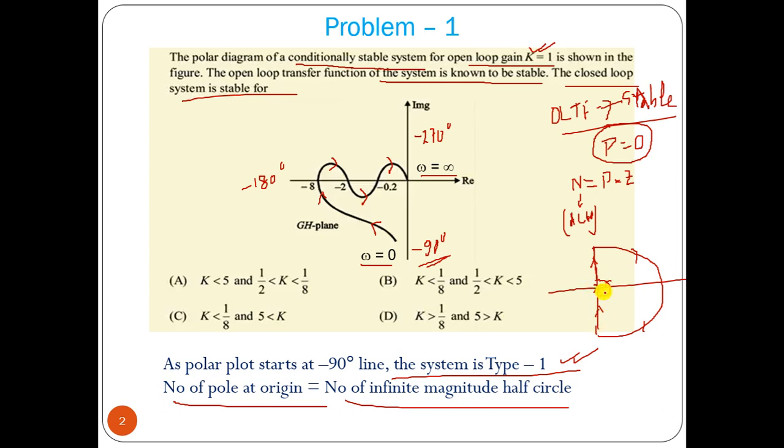Due to this part, we will have infinite magnitude half circles, as many as the type of the system. So here the type is 1, so we must have one half circle.